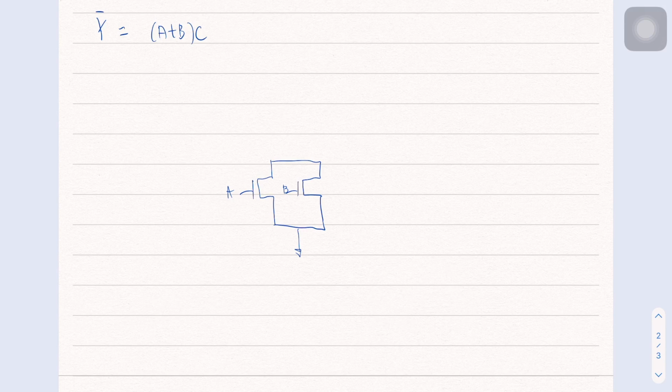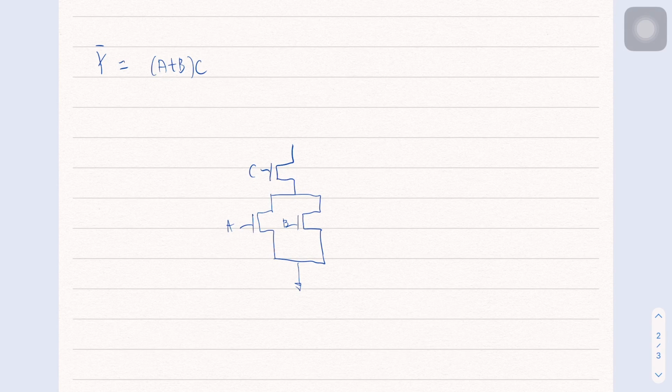For C, it's going to be on top of here, C, and that's the pull-down network. So you draw the function Y here, and for the pull-up network, instead of drawing the pull-up network, just draw a clock. That's the clock.